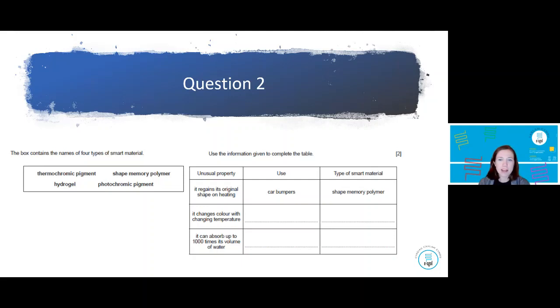Okay, a little bit more time. What is the smart material, and can you give me a use for that smart material?